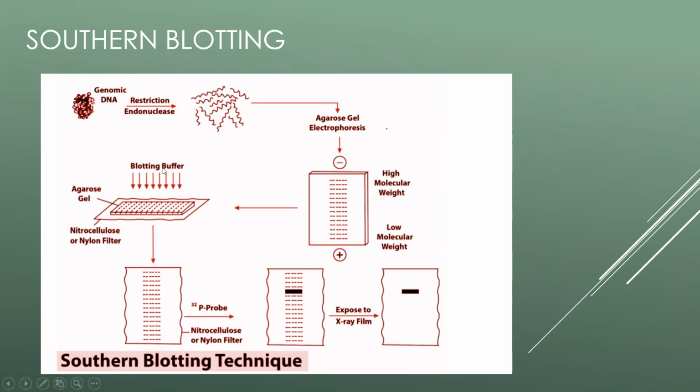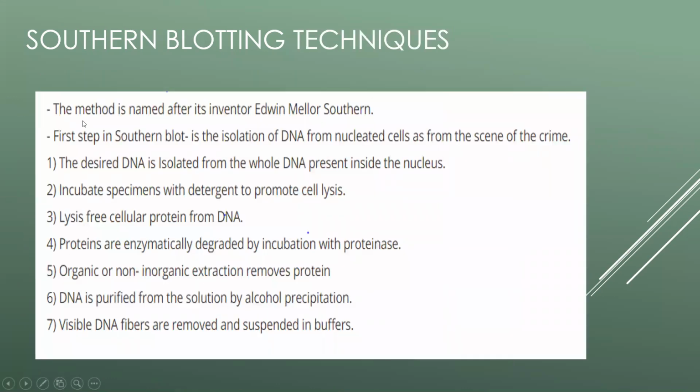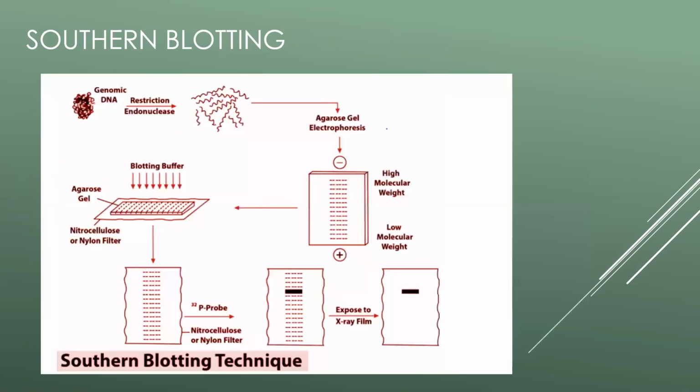Look at here. First step, Southern blotting technique, isolation of DNA. This is genomic DNA. These genomic DNA are cut into DNA fragments using restriction endonuclease enzymes.